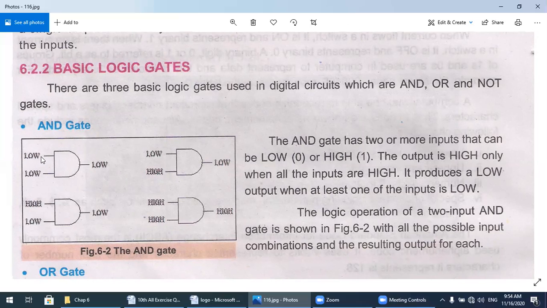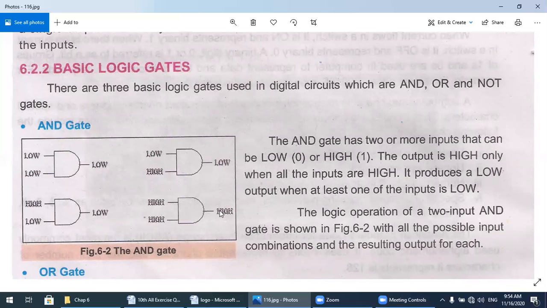Where the word is zero or low, it means the off or zero state. So low and low, output should be low. Low and high, output low. High and low, output is low. High and high, output is high.